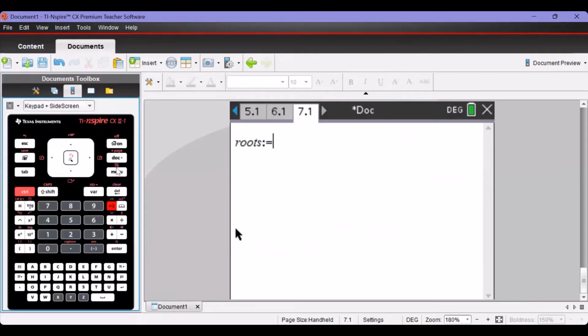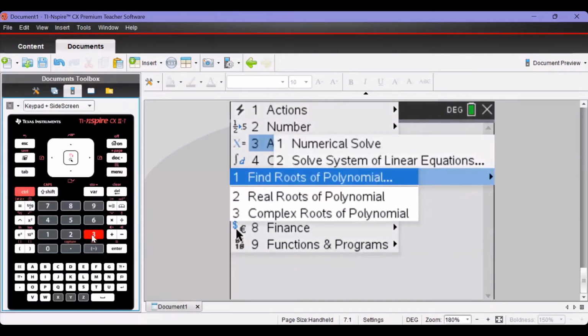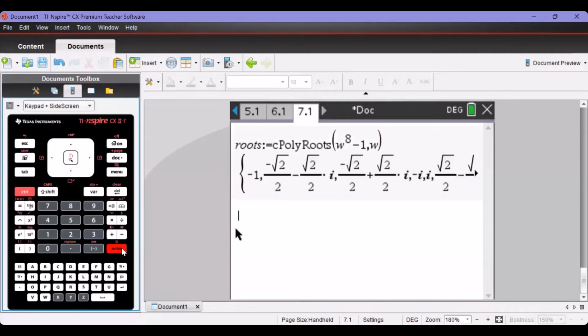We'll assign roots to B. Press Menu, 3 for algebra, 3 for polynomial tools, 3 for complex roots, and now we'll enter w to the power of 8 minus 1, and then comma w, and press enter. And what you get there is a list of the 8 roots in Cartesian form.